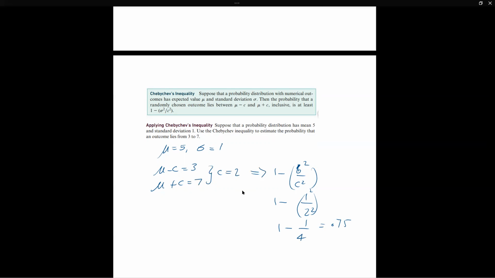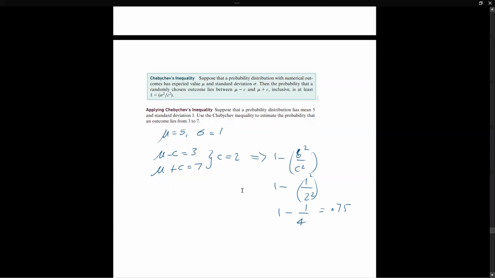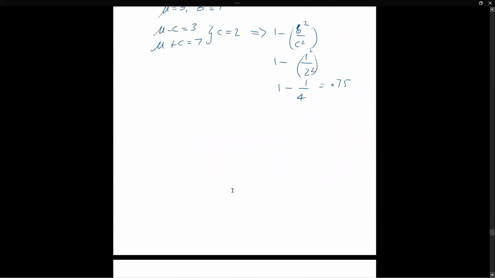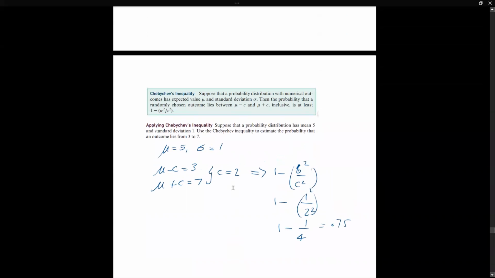So it's a nice formula. So suppose a probability distribution has a mean 5 and standard deviation 1. What is the probability that an outcome is between 3 and 7? Then you can use this Chebyshev inequality, and you'll find that it's 0.75. All right, so we'll finish the video here and we'll pick up on the next one.